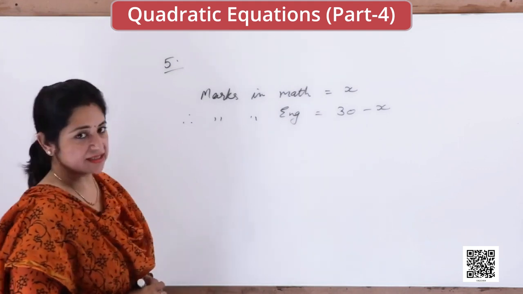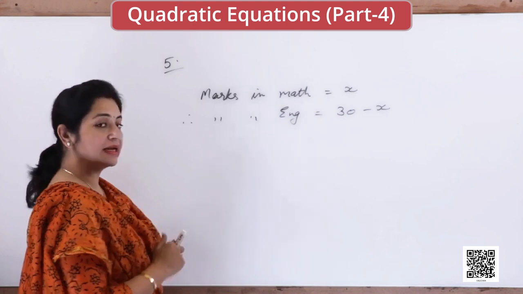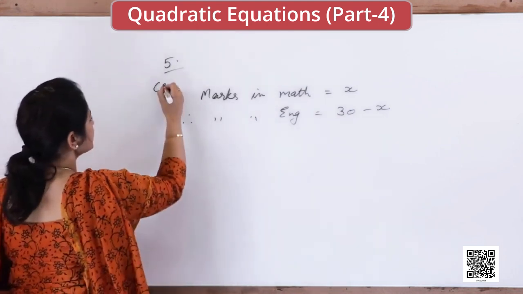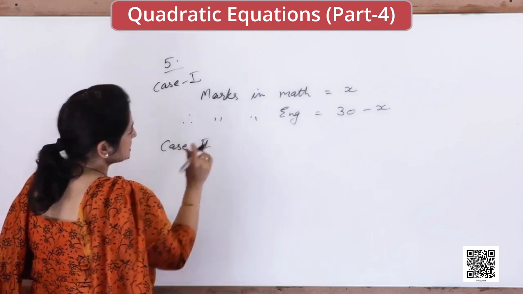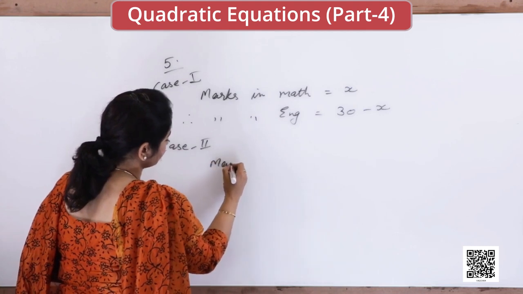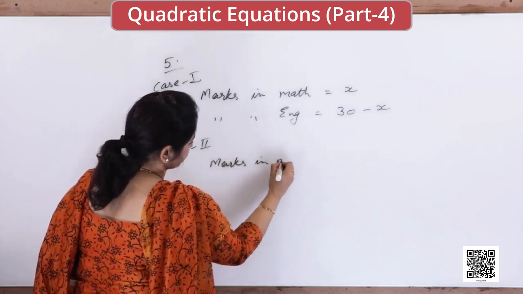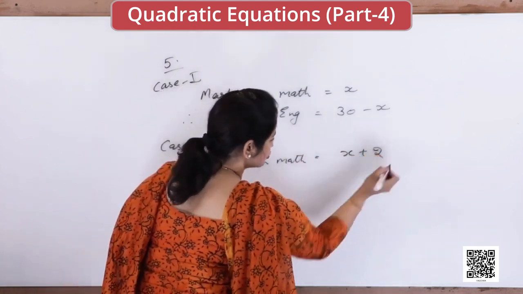Now the question says, had she got 2 marks more in mathematics and 3 less in English? So this is case 2. It says 2 marks more in mathematics. So according to this, marks in math will be 2 more, that is x plus 2.